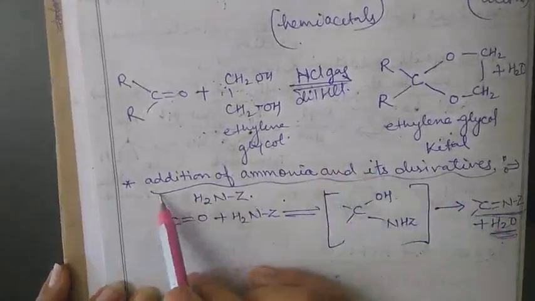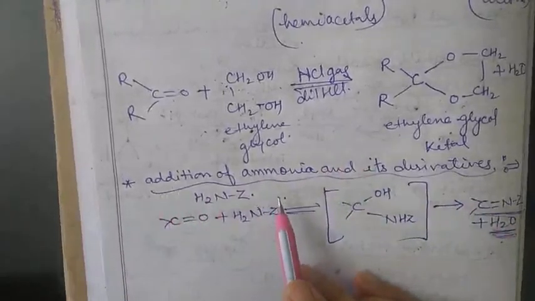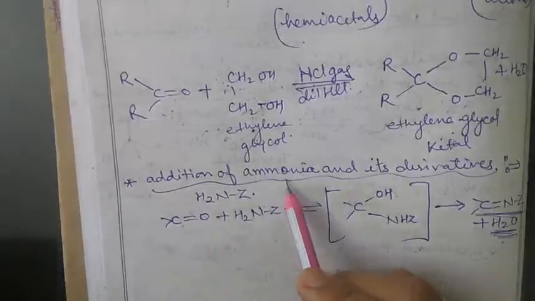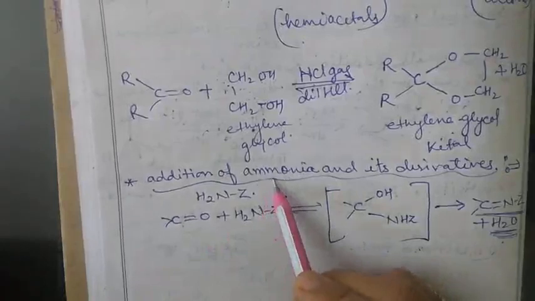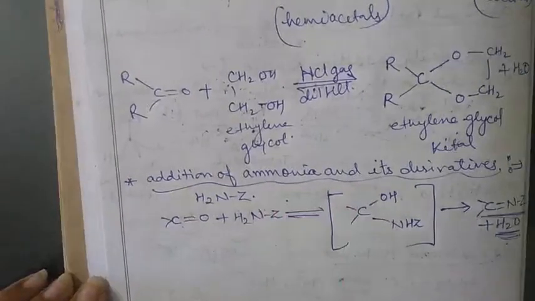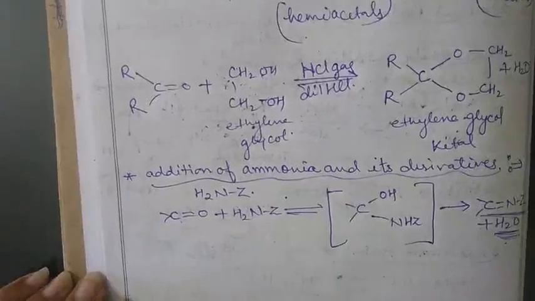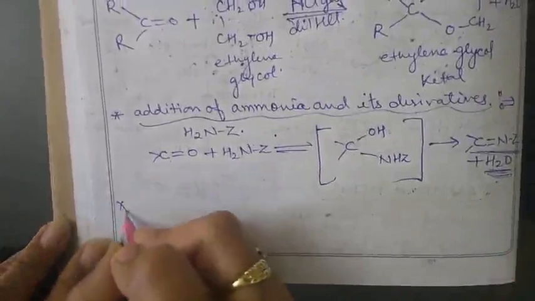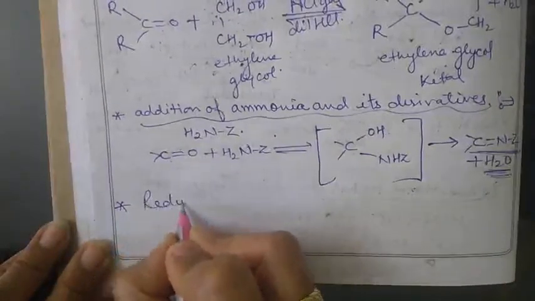This is the way the carbonyl group reacts with ammonia or with a derivative of ammonia. Clear?